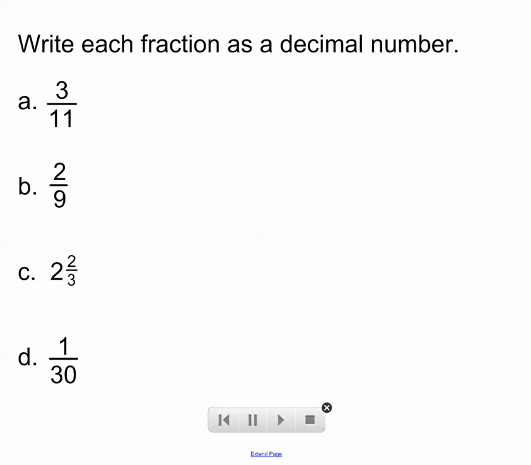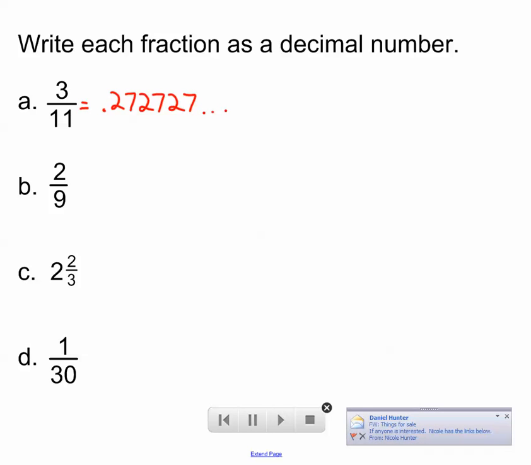So let's write each fraction as a decimal number. Okay, well, if you've got a calculator, you should be able to do this. 3 divided by 11, when you see it on the calculator, you'll see 0.272727. You might see it end with a 3 depending on how far your calculator goes out.